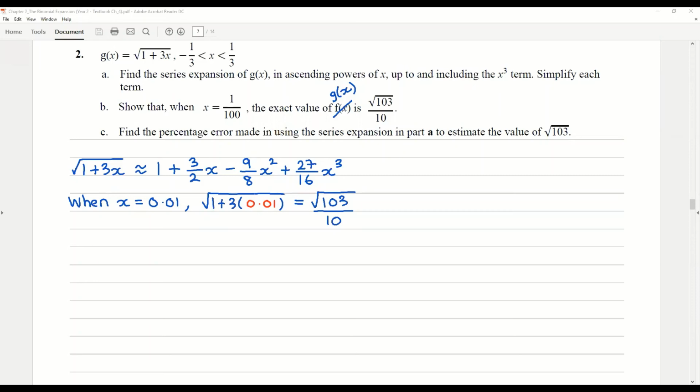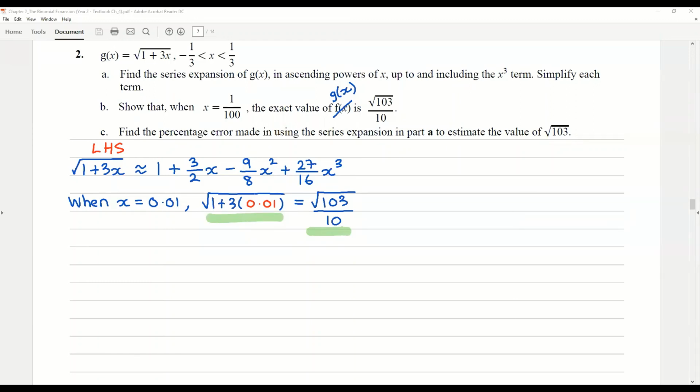We've got the left-hand side of our expansion here, which I'll just indicate, which is the 1 plus 3x. We've substituted in 0.01. We've done that already, and we did that here, and then we got this result here once we've done a bit of manipulation with the surds. So now we need to make the substitution into the left-hand side.